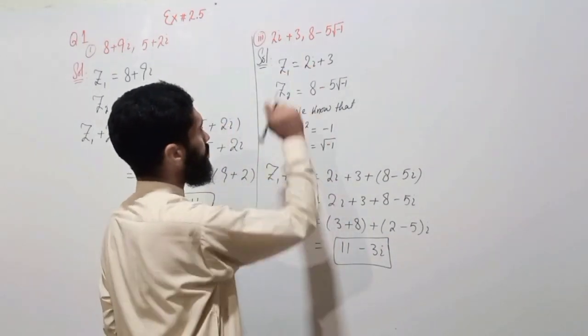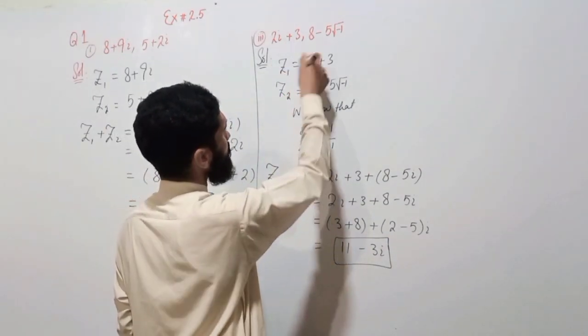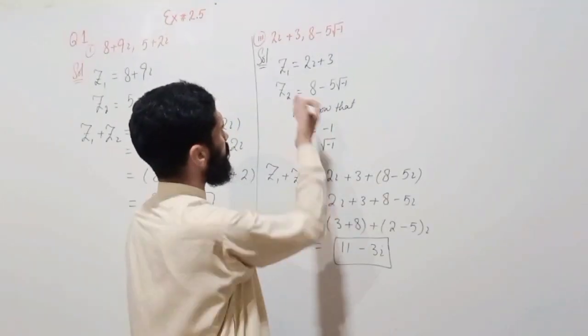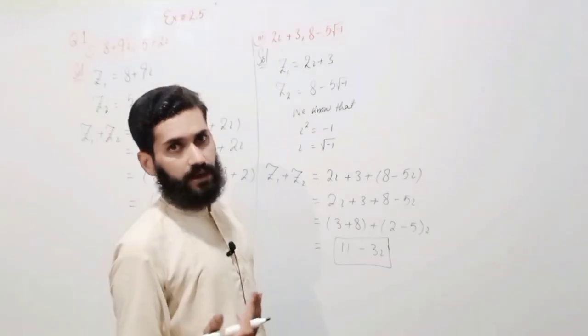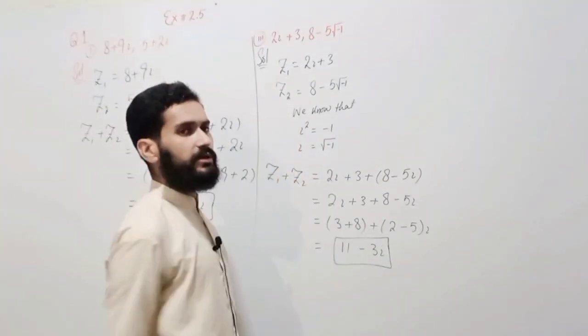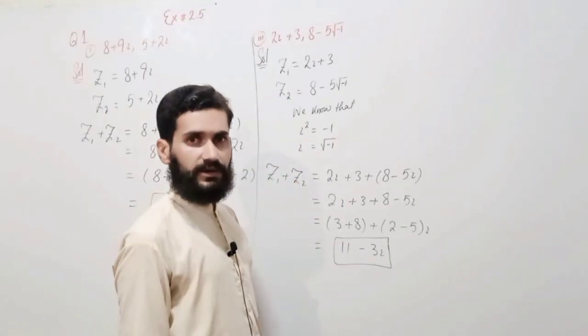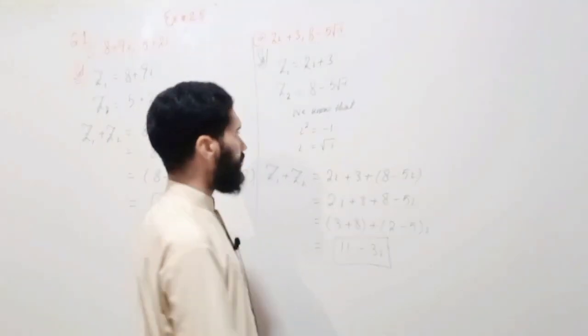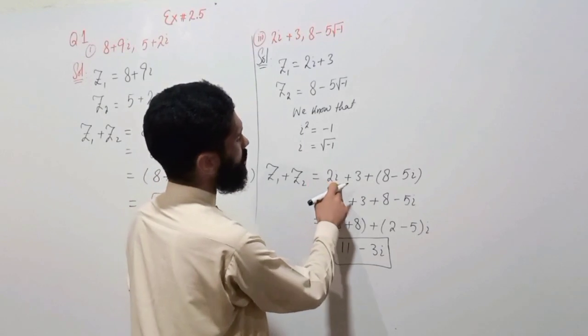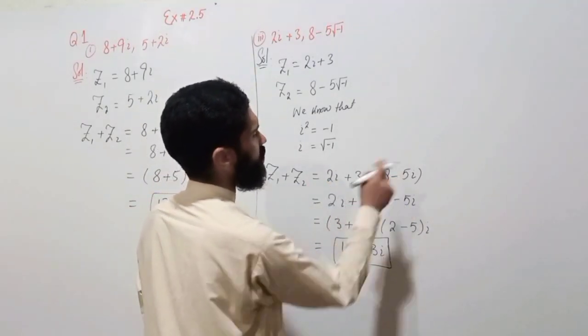In part 3, we name the first term z1 and the second term z2. We know iota square is negative 1 and iota is the square root of negative 1. So z1 plus z2 is equal to 2 iota plus 3 plus 8 minus 5 iota.